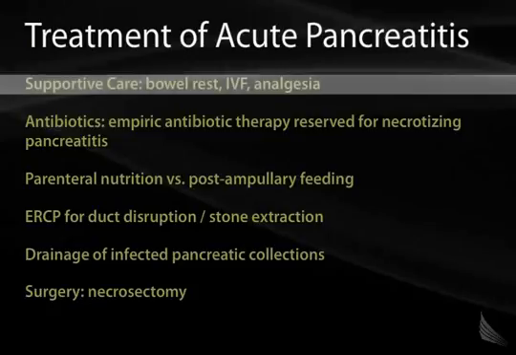Management of acute pancreatitis is essentially supportive. This includes bowel rest initially, but early feeding if the clinical scenario allows. Intravenous fluid, as large volumes of fluid are sequestered in the bowel, and analgesia for pain caused by inflammation.